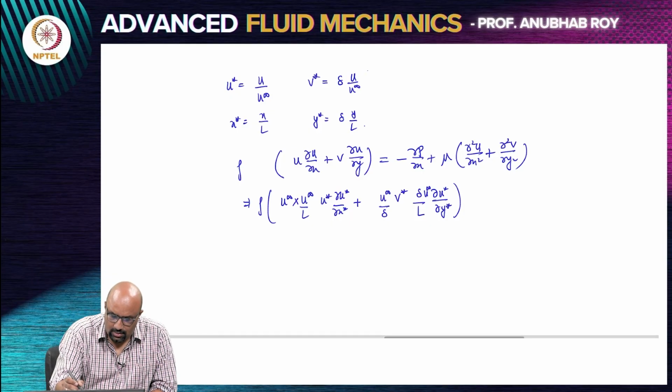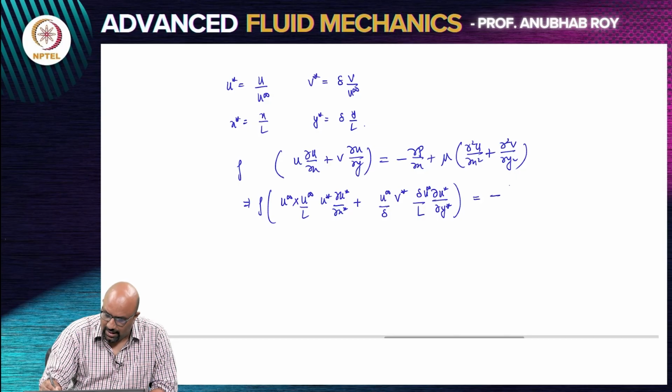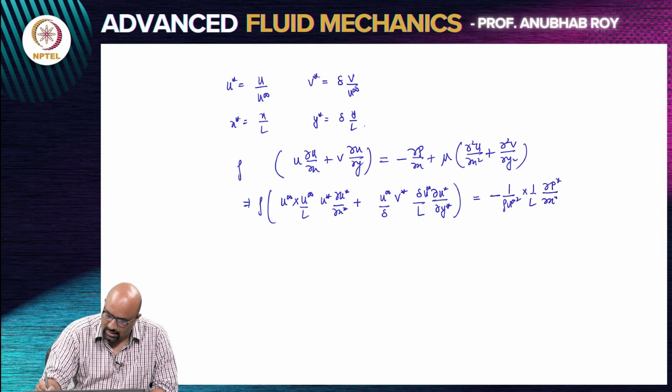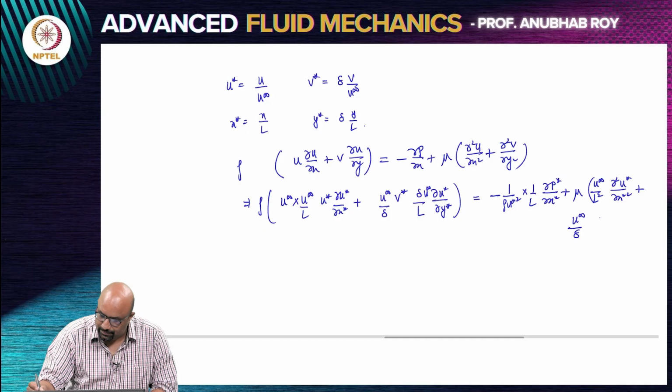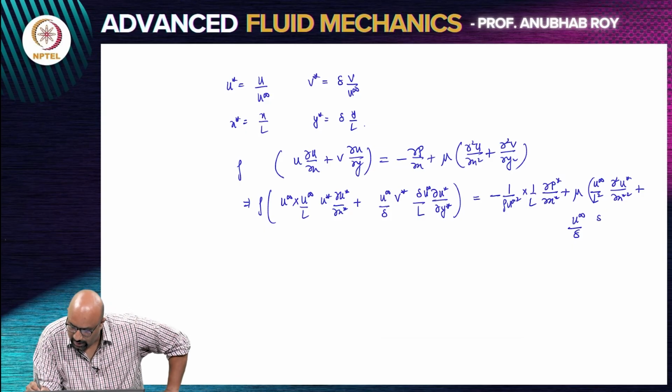Yeah, this is V by u infinity. And then for pressure, I will have 1 by rho u infinity square into 1 by L dou p star dou x star plus mu u infinity by L square dou square u star dou x star square, and for V will be u infinity by delta, and y will be L's delta square by L square dou square.